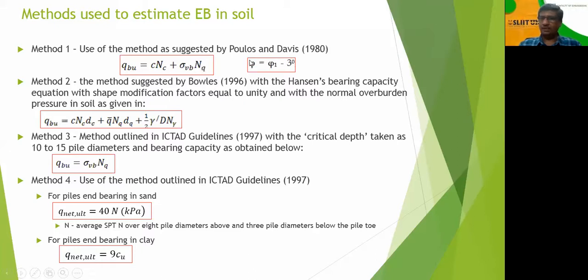In this bored pile we take the initial phi value minus 3 degrees as the phi value after installation of the pile, and based on that phi value we determine the Nc value and Nq value. Of course, Nc is always about 9 for cohesive soil, but the Nq value we obtain from this particular relationship.